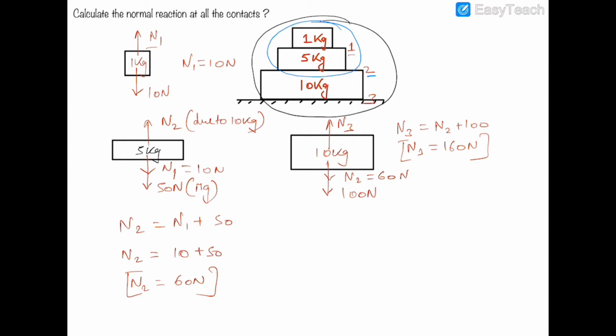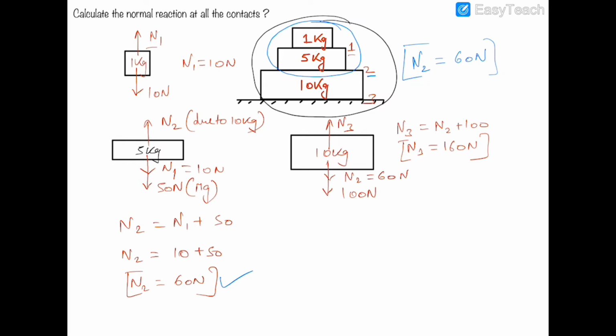Right now I'm calculating the normal reaction N2, so I'm assuming these two blocks which are situated on surface 2 as a system, and hence I can say that N2 will be equal to the sum of these masses into g. The sum of these masses is 6 kg, and multiplied by the acceleration due to gravity it comes to 60 newtons. So we have already calculated N2 as 60 newtons.